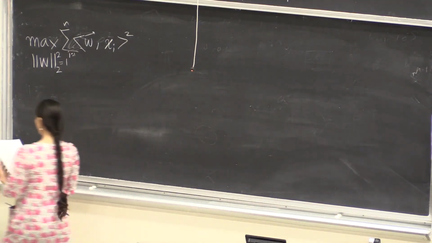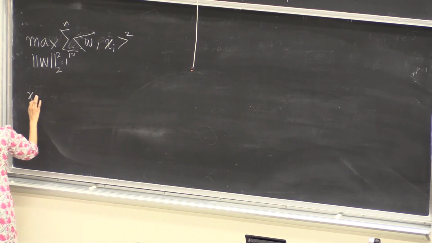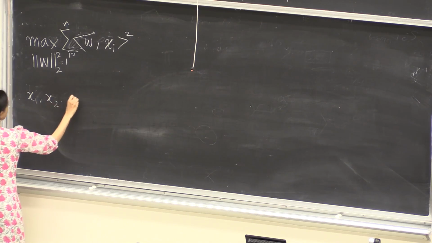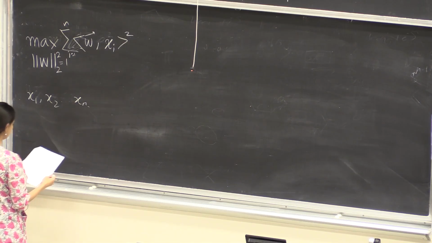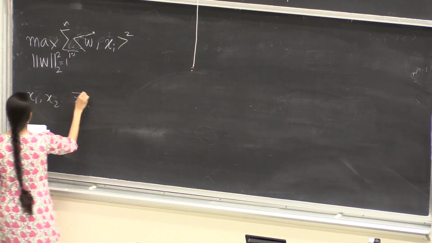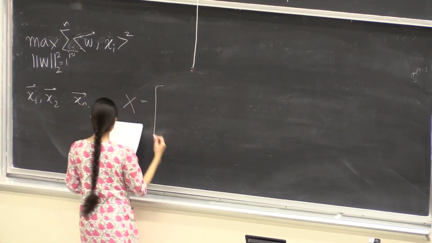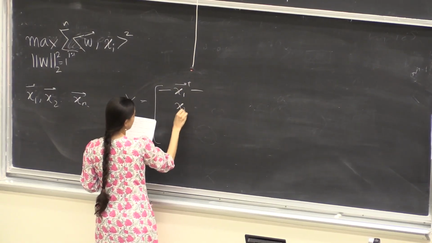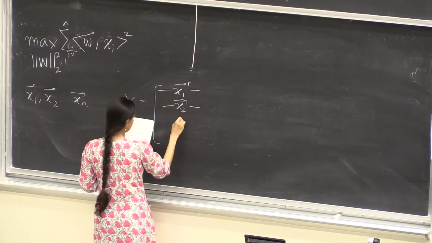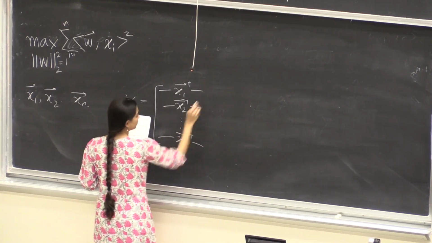Well, one thing I want to introduce now is, let's say I have x1, x2, all the way up to xn. One standard way of looking at all of these data sets is to put them into a matrix. I'm going to call this matrix X: x1 transpose, x2 transpose, all the way up to xn transpose.